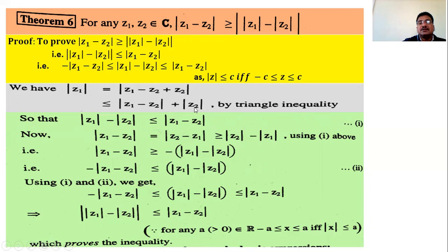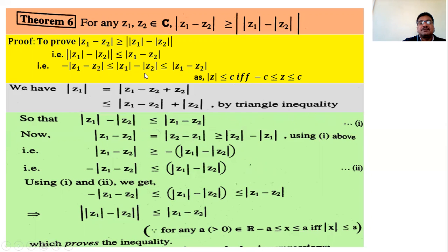Then shift |Z2| to the LHS. So we have |Z1| − |Z2| ≤ |Z1 − Z2|. This is the first part.